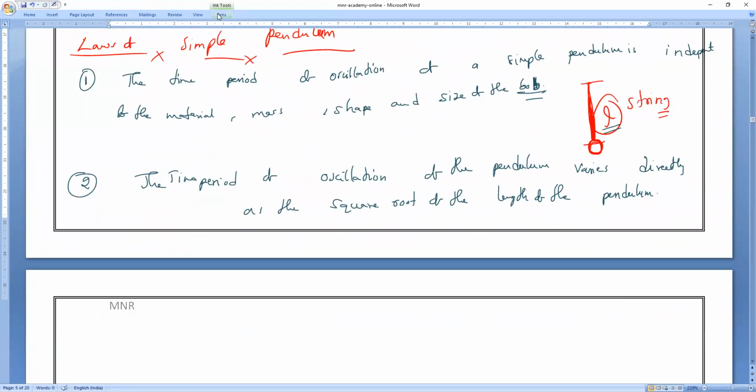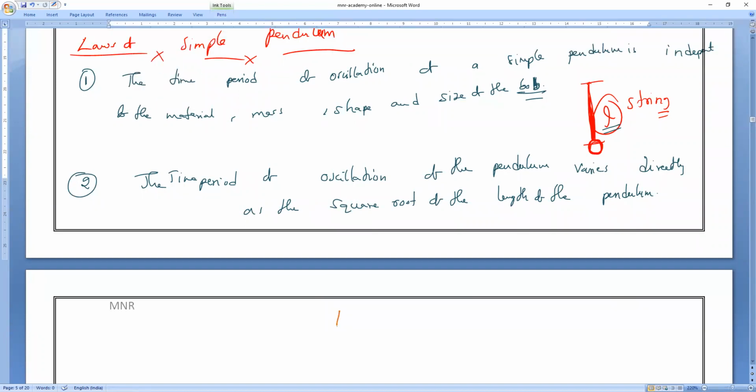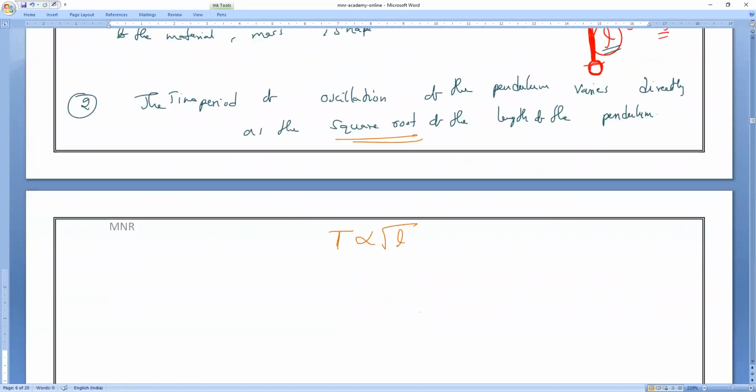Time period is directly proportional to the square root of length, root over L. Am I right, guys? Yes? So that is what it is.